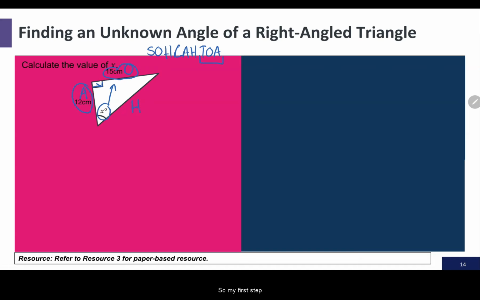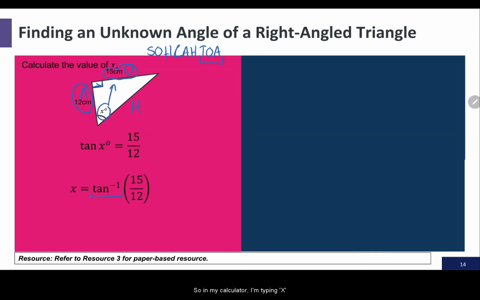So my first step is to write tan x equals 15 divided by 12. To reverse tan, or the inverse of tan, is what you might call tan to the minus 1, or inverse tan.